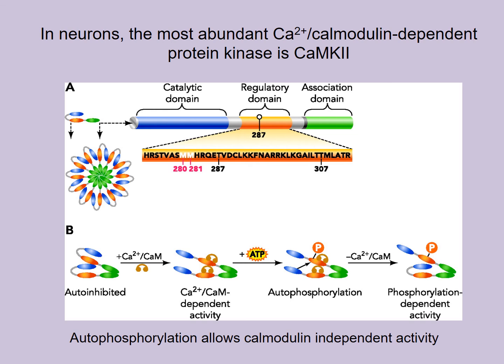And what's really interesting is that when calcium calmodulin binds, it is going to lead to autophosphorylation, but only when it's bound to two neighboring subunits, which is illustrated in B. So you have calcium calmodulin bind to two neighboring units, and then they are going to autophosphorylate each other. And this autophosphorylation allows the kinase to be independent of calcium calmodulin.